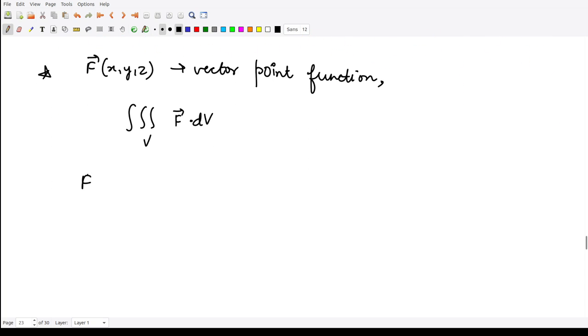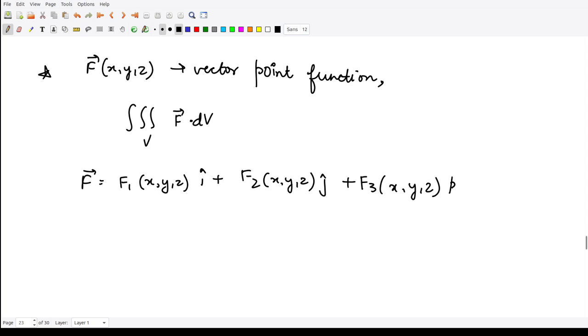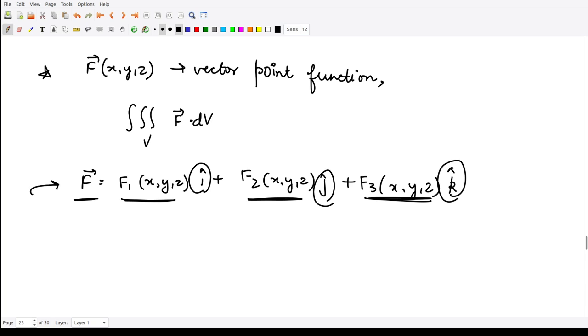Suppose this vector F is defined by F1, which is a function of x, y, z, i cap, plus F2, which is also a function of x, y, z, j cap, plus F3, a function of x, y, z, k cap. So basically I am defining the whole function as the sum of three components along the i cap direction, j cap direction and k cap direction. This is a given vector.